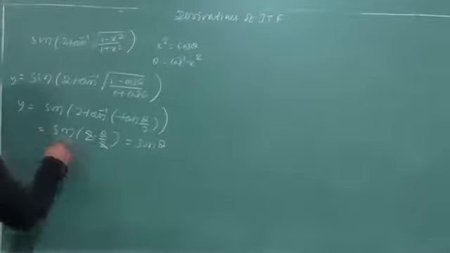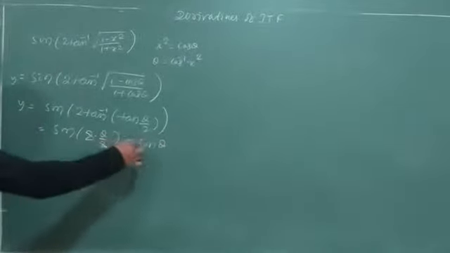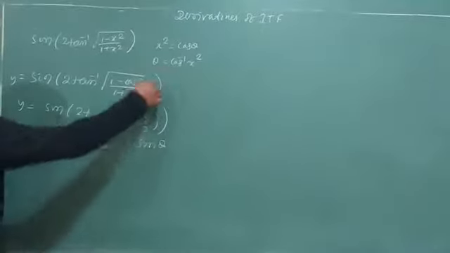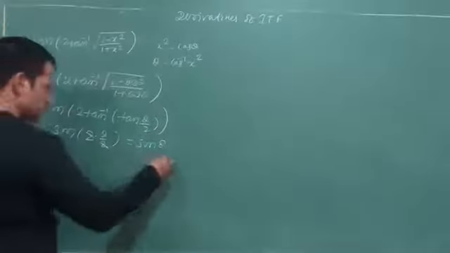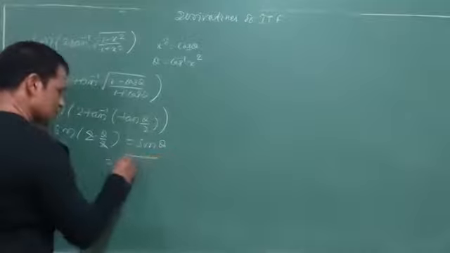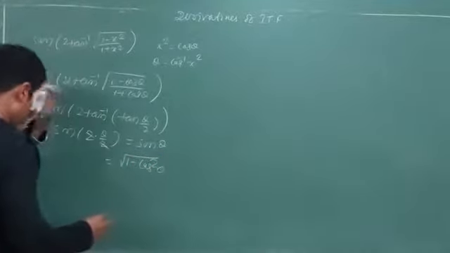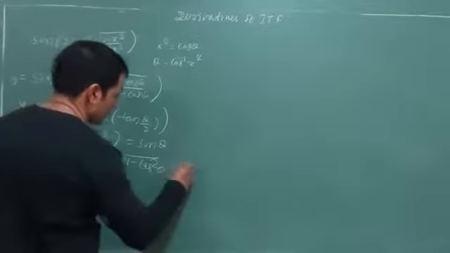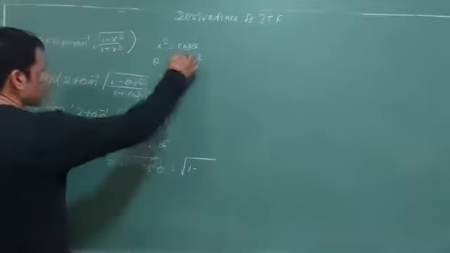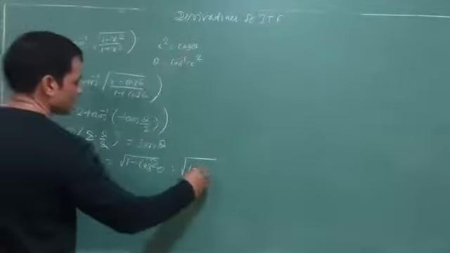Students may think they are finding dy by d theta or dy by dx. No, this is in the form of theta, so I have to convert it into the form of x square. So I write this as under root 1 minus cos square theta. Cos theta value is again x square, so under root 1 minus x to the power 4.